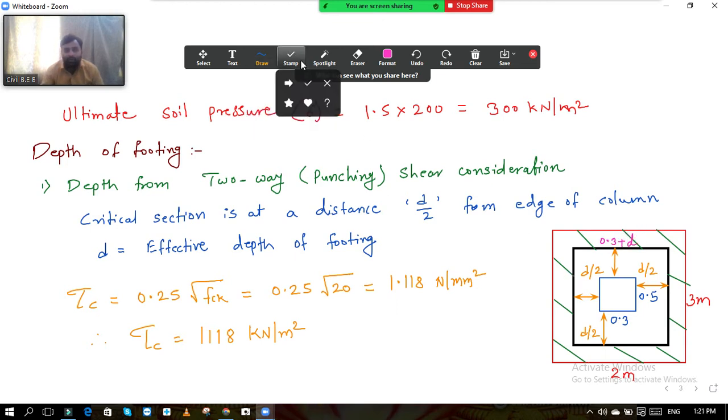And similarly on this vertical side also, if you want to calculate this vertical side, then this is 0.5, on this side it is d by 2, on bottom side it is also d by 2. So 0.5 plus d by 2, and then plus again d by 2. So this total will be 0.5 plus d. Okay, so that total is 0.5 plus d. So one side is 0.3 plus d and another side is 0.5 plus d.